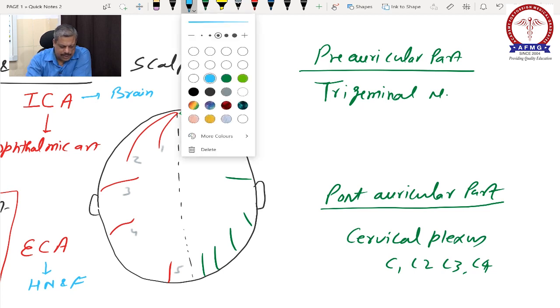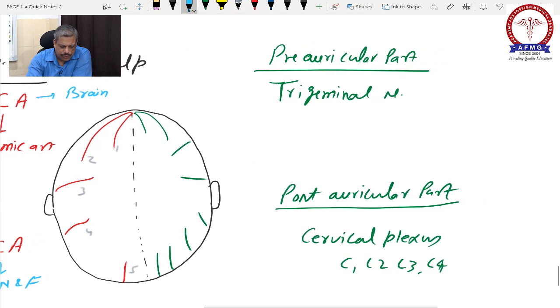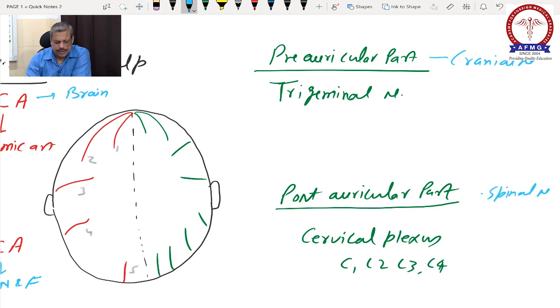It means the preauricular part of the scalp is supplied by the cranial nerve, which is the 5th cranial nerve, and the post-auricular part is supplied by the spinal nerves of the cervical region, which form the cervical plexus. So the important point is that the scalp is supplied by both the internal and external carotid arteries, and by both cranial nerves as well as spinal nerves.